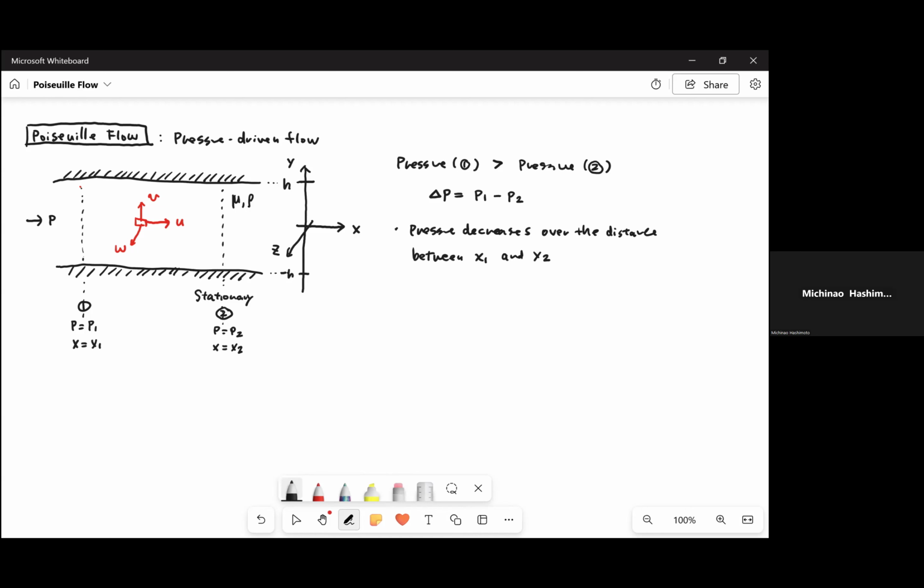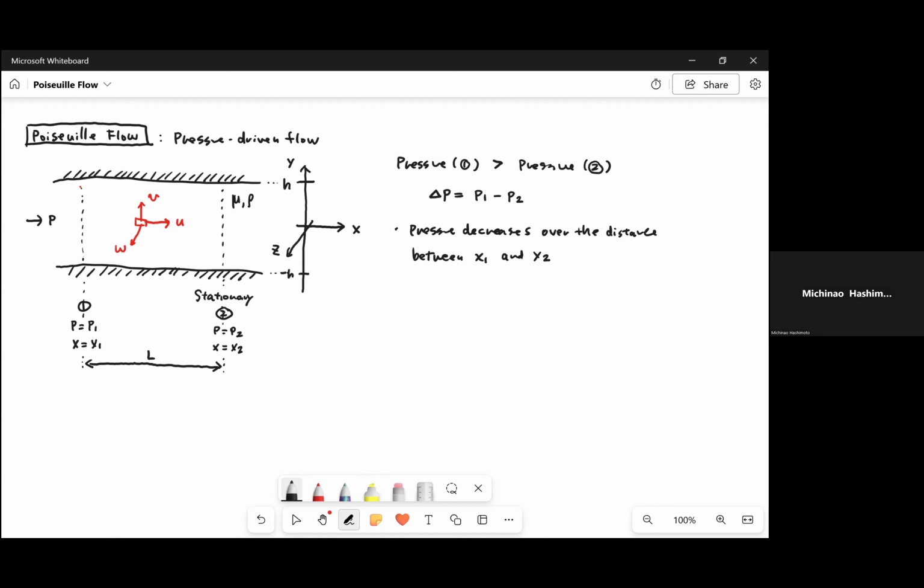Let's say the distance between these two locations is L. That's how we define it.